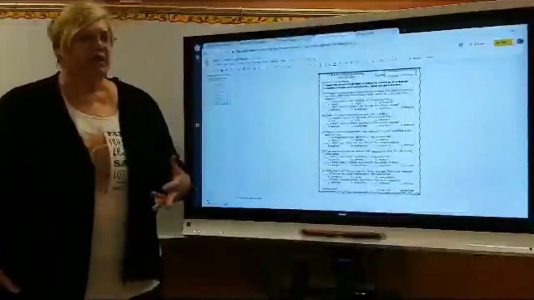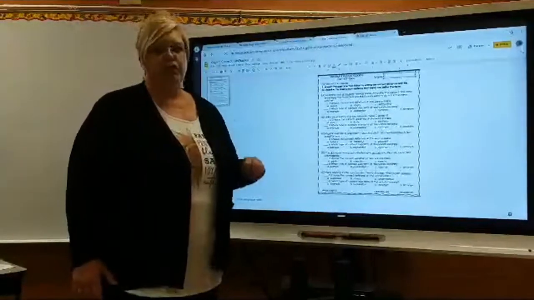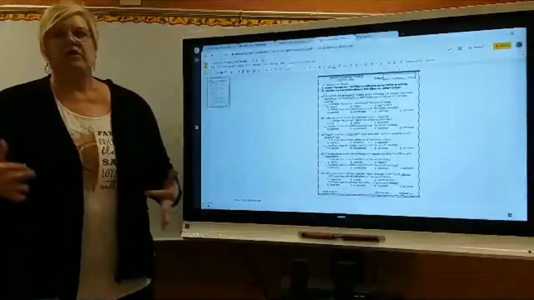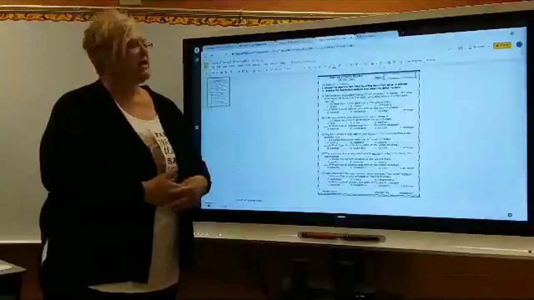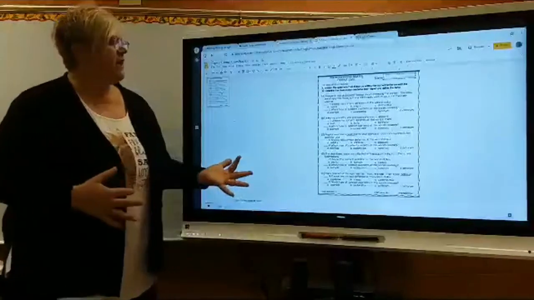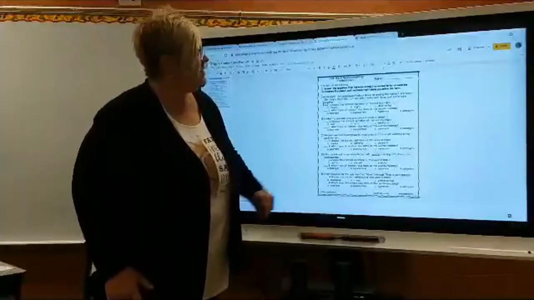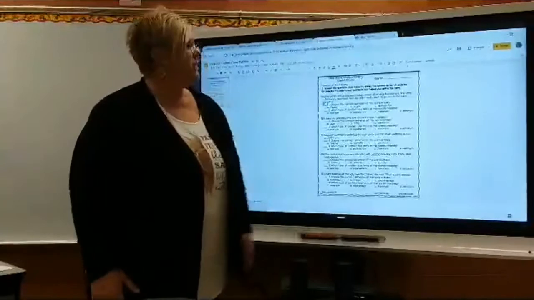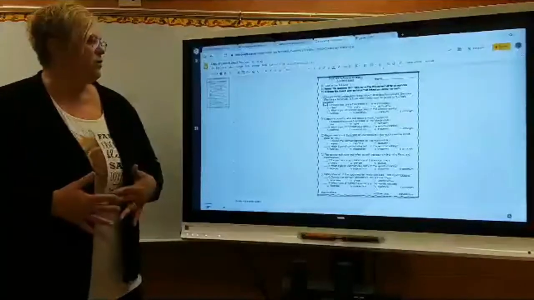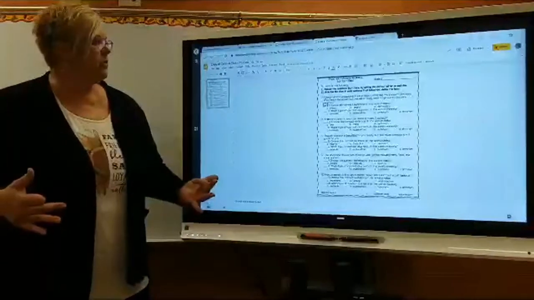They will type their name, and this is just a very short formative informational piece to let me know, do I need to go back and reteach this lesson, or do I need to have them do some extra practice? Okay, so I like this. And then they would just share it with me whenever they got finished, and then we would come back together as a group and determine what their needs are from there.